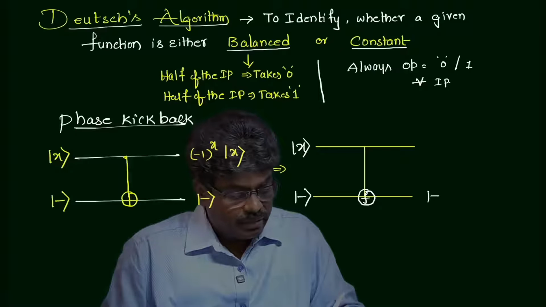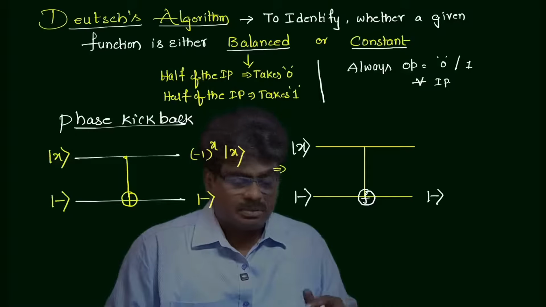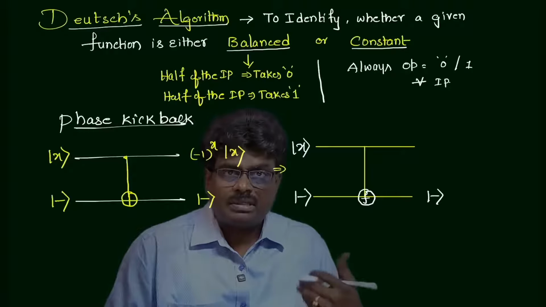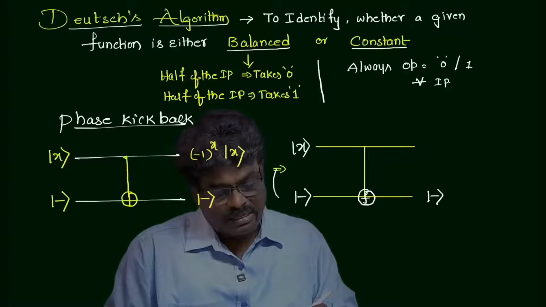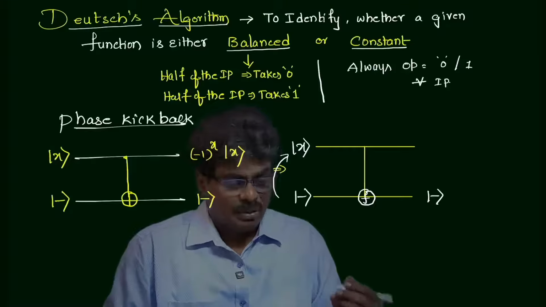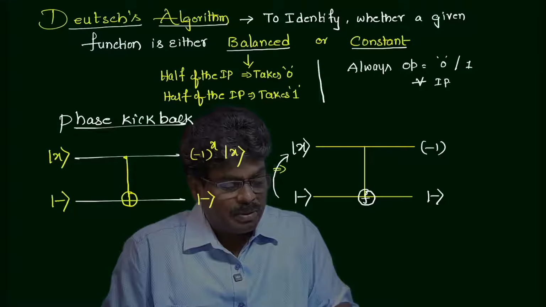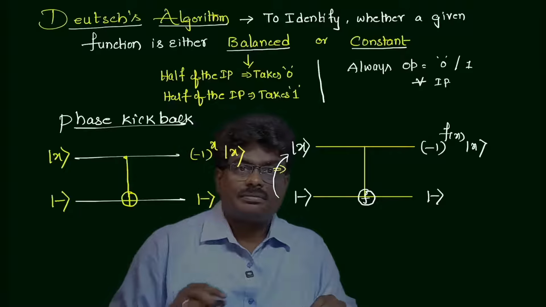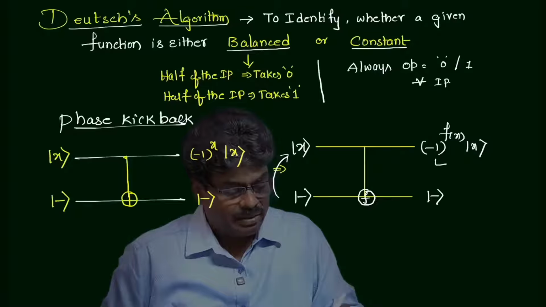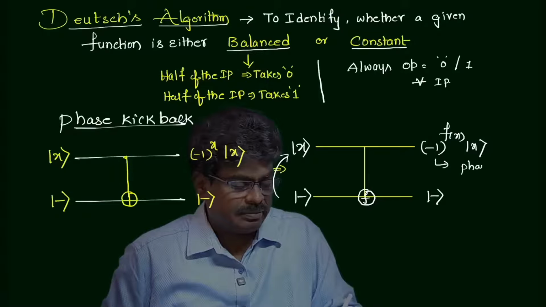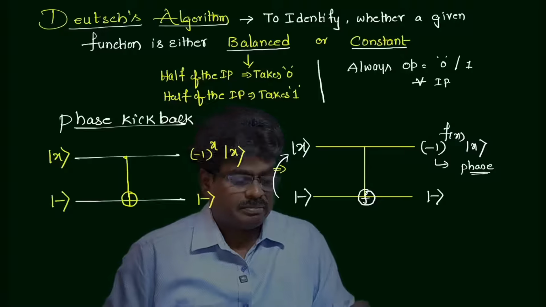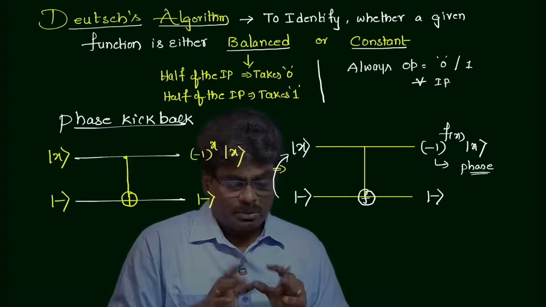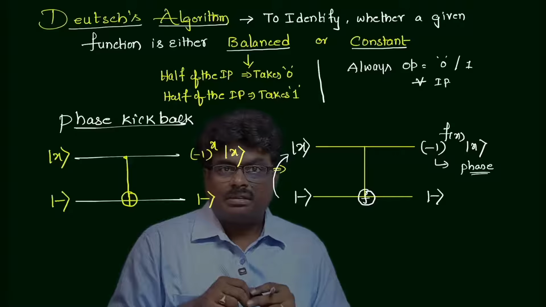So here, in the target register minus, but in the data register, some information of f of x is transferred from the target register to the data register. So that is -1 to the power f of x, into x. So some phase factor will be there, right? So this is phase kickback. This algorithm is based on this phase kickback.